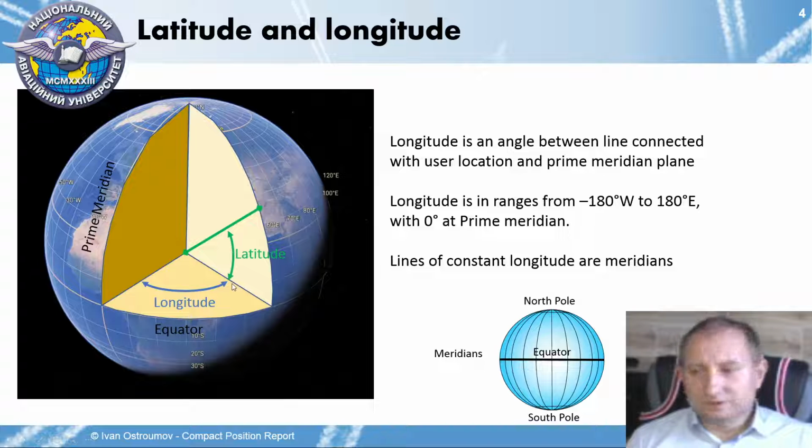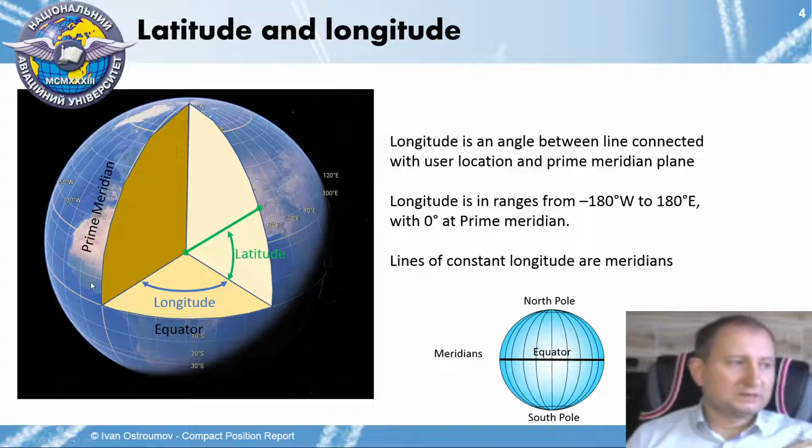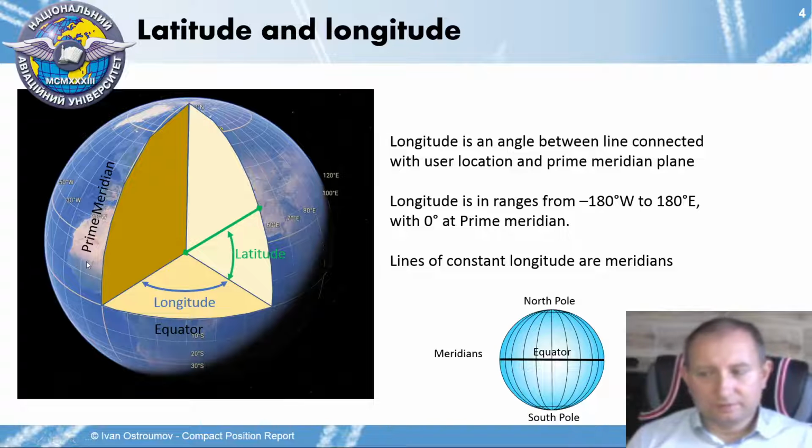And for both types, geocentrical and geodetic, we have one longitude. In this case, longitude divides our planet into two hemispheres. First one will be the west hemisphere, at the left side of our prime meridian, and the east side, which is the right side from the prime meridian.